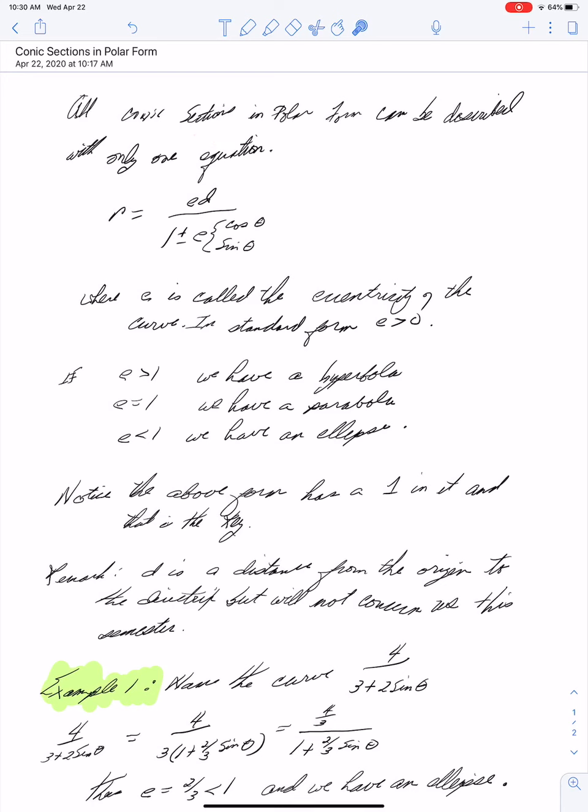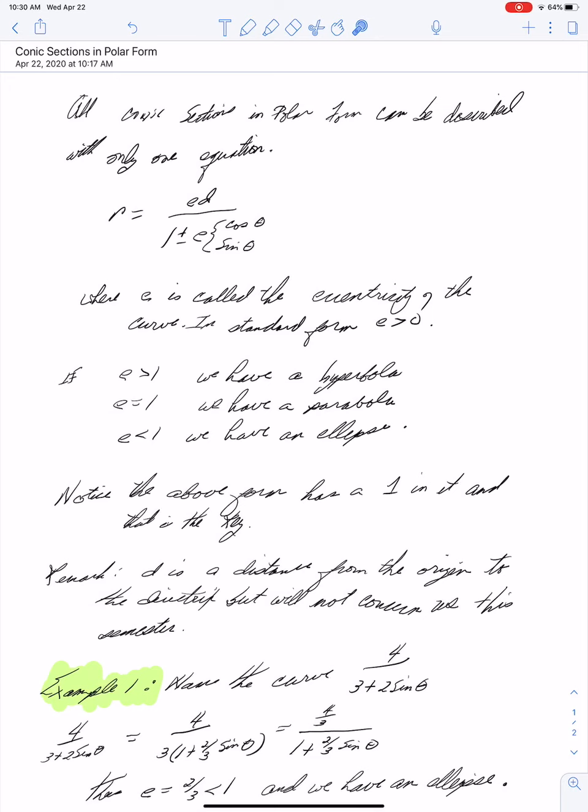Okay, so the general equation for a conic section with one vertex sitting at the origin is given here. It's r, that's going to be a function of theta, is e times d over 1 plus or minus e times either cosine theta or sine theta.